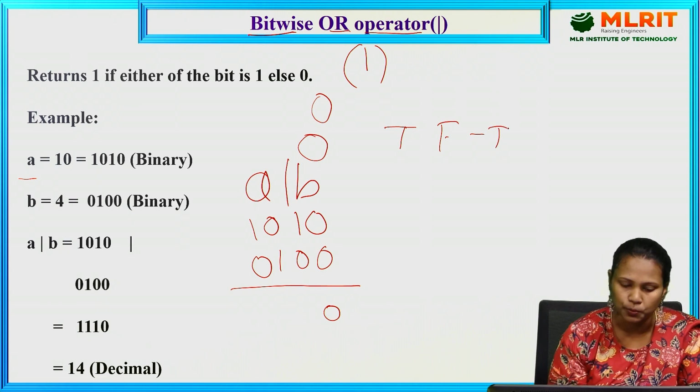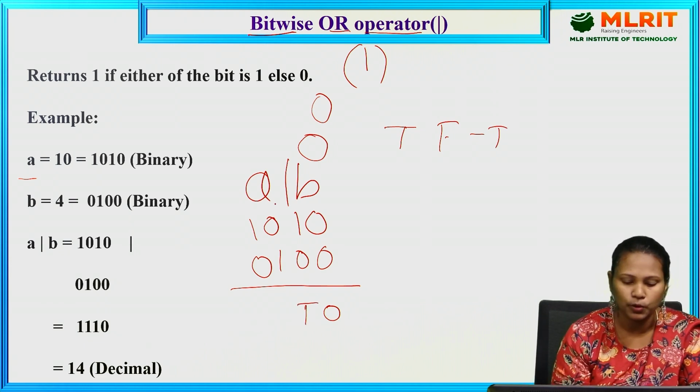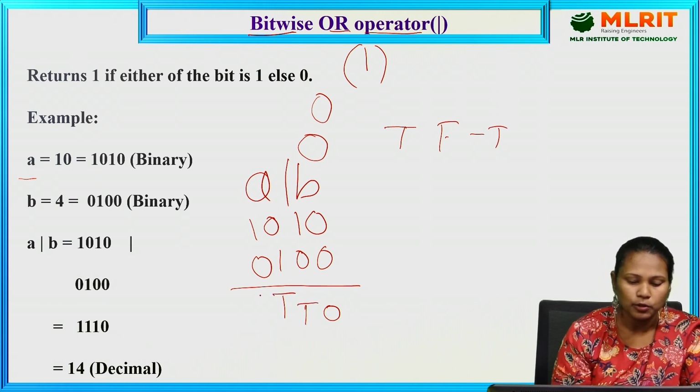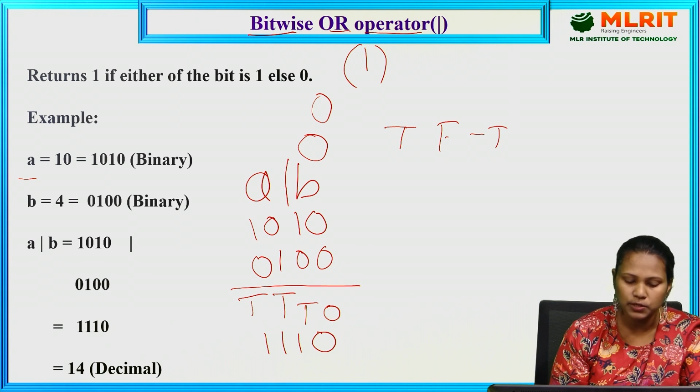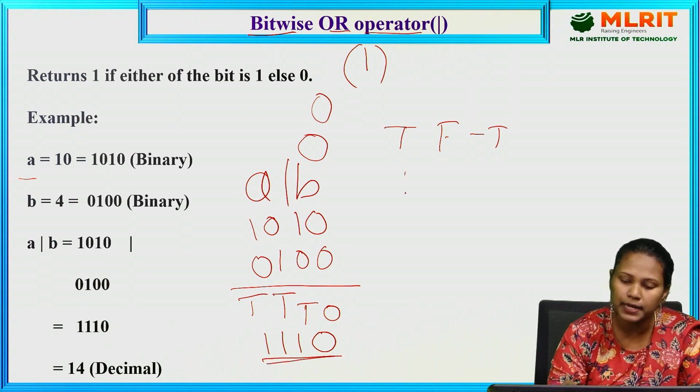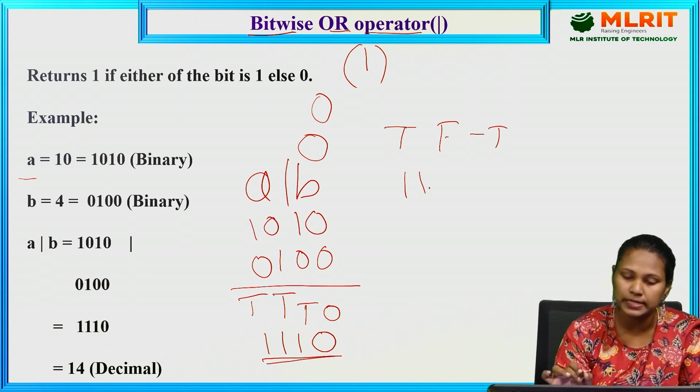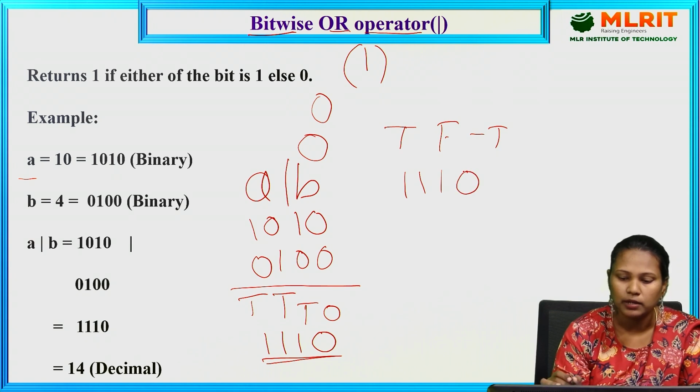True false is true, false true is true, and true false is also true. So the value is 1110. This is the binary number we got after performing the bitwise OR.